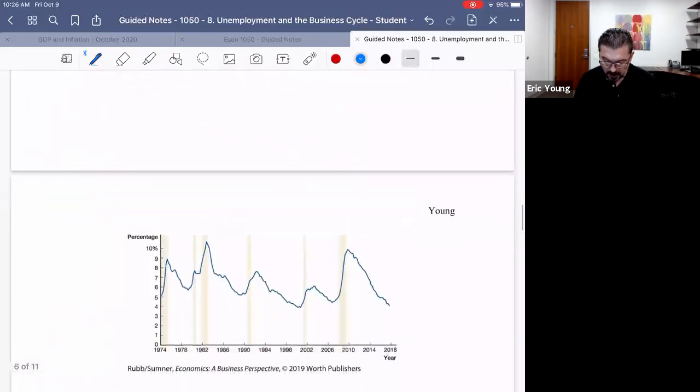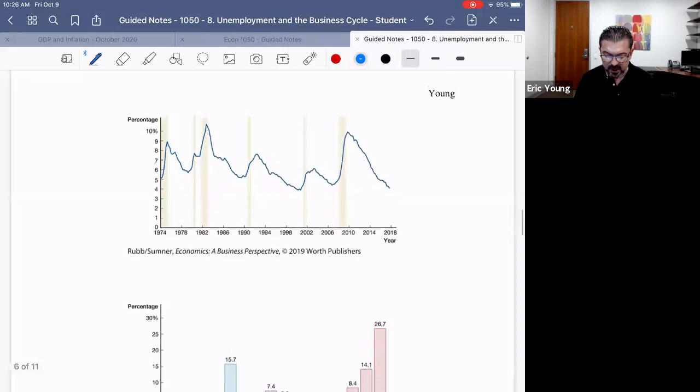Okay. Unemployment, we had mentioned, is tied to the business cycle. You see here a graph that shows the percentage rate of American unemployment over time. You see down here years. Notice that all these shaded areas represent recessions. So those shaded areas represent periods when real GDP per capita fell, aka the American economy was in recession.